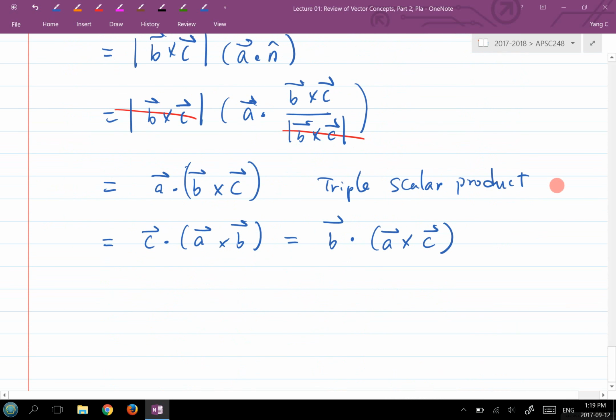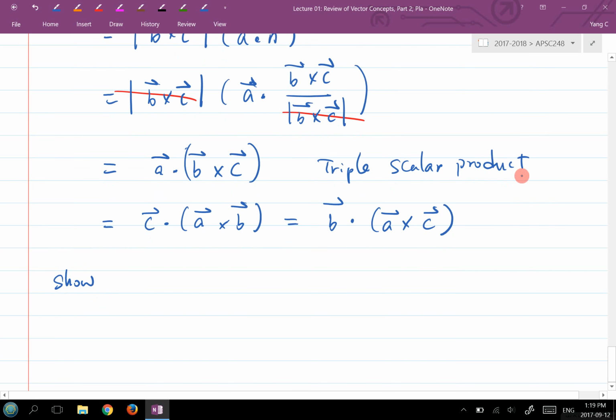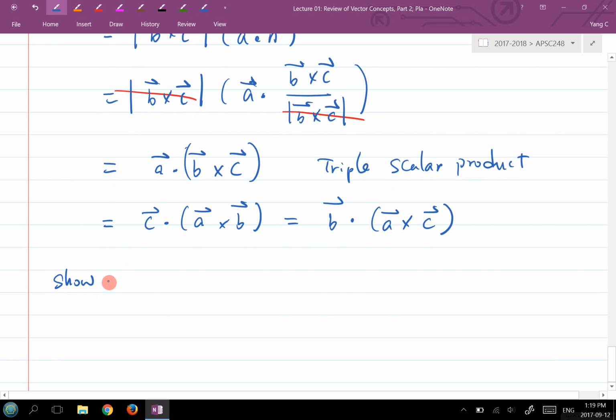And one more step, just to compare with an analogy to the results I derived for the area of the parallelogram.